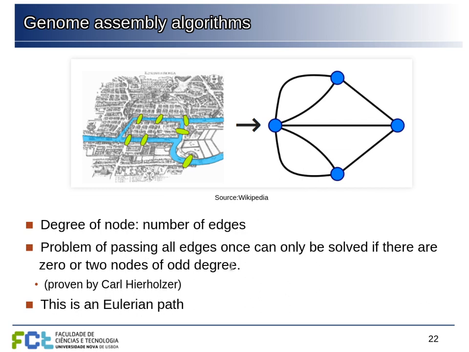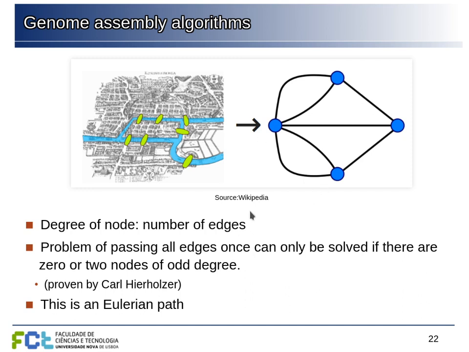So this would be the start and the finishing node. If all of them have an even number of edges, you can do a cycle and you can end at the initial node where you started from. But this was a necessary and sufficient condition for the problem to be solvable. And this was not the case in the Königsberg bridges problem, because you have several nodes with an odd number of edges.